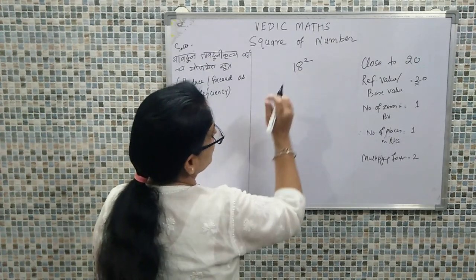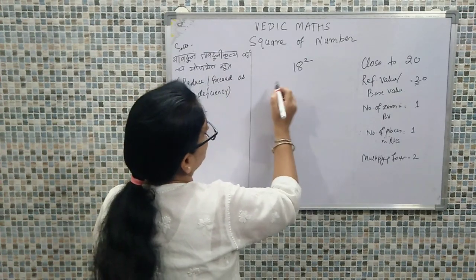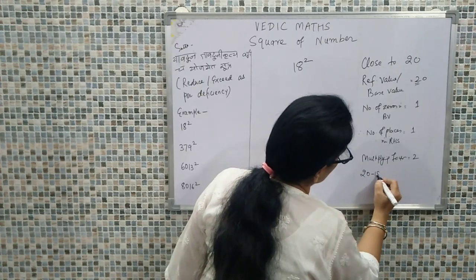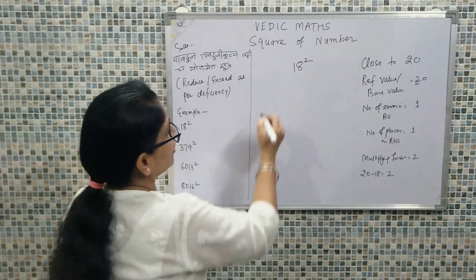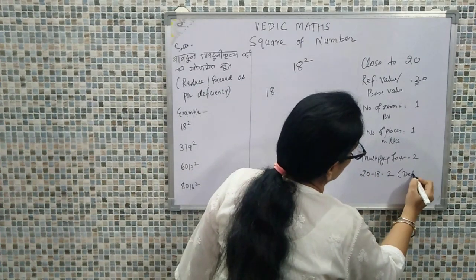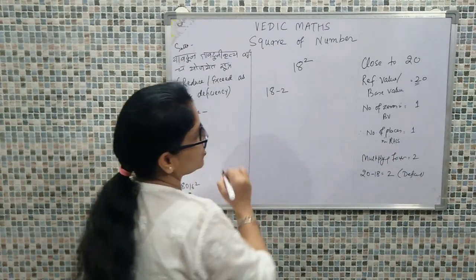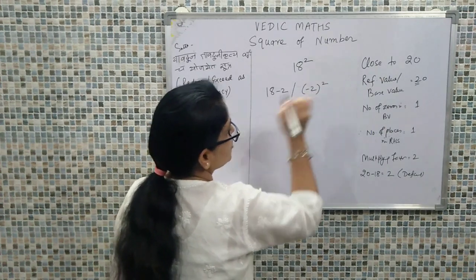We have 18 square. When we compare this value with 20, we do 20 minus 18, which is 2. It means this value is 2 deficient, and deficient means minus 2 oblique minus 2 square.